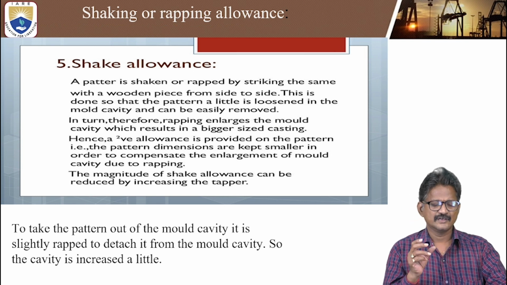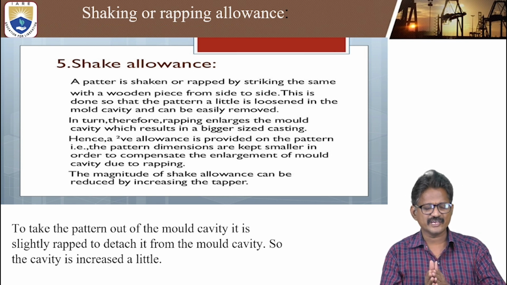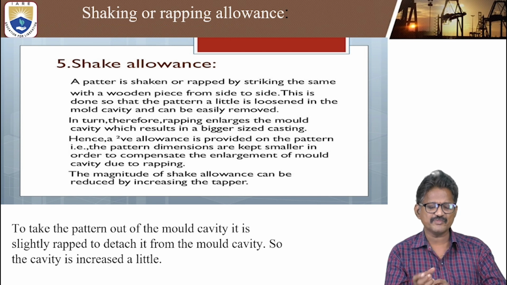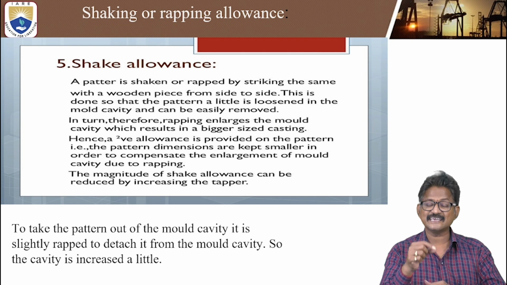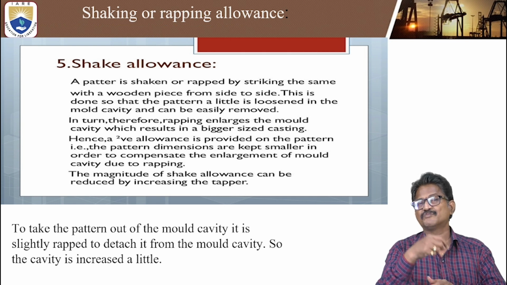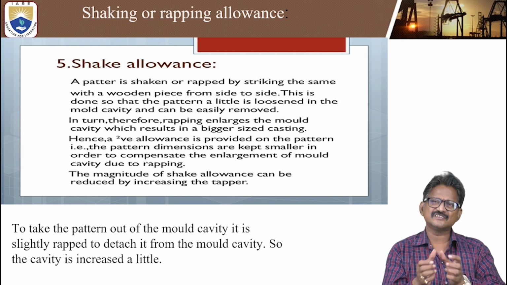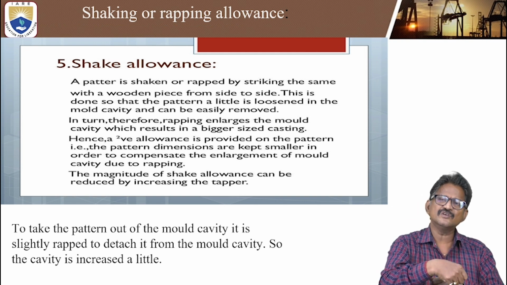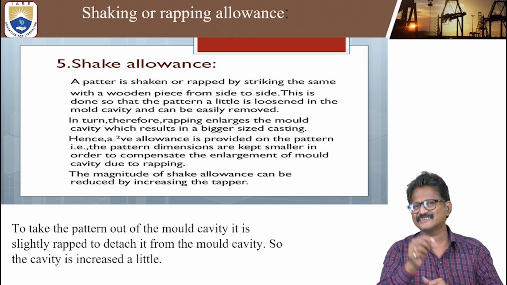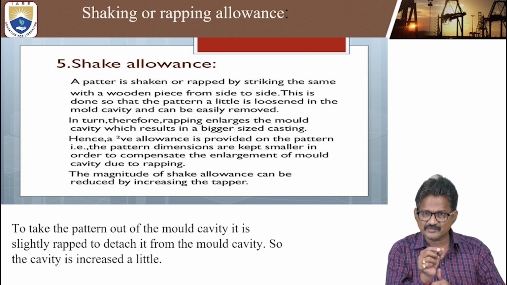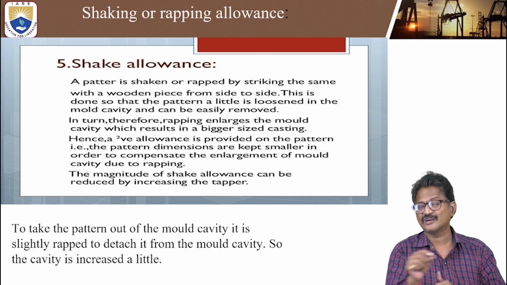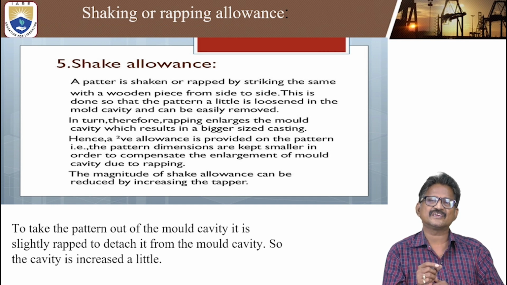So to take a pattern out of the mold cavity, it is slightly wrapped or detached from the mold cavity, so the cavity is increased a little. Even some patterns are fixed hard because of the machine molding process, and it is very difficult to remove the pattern. In such cases some shaking is required, not a large amount, a little amount.